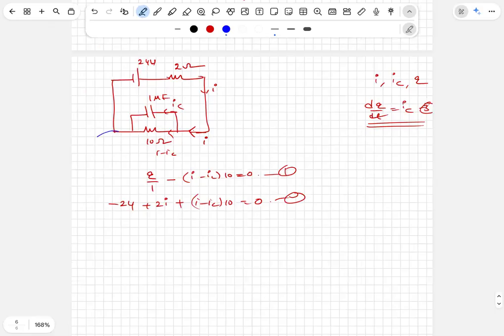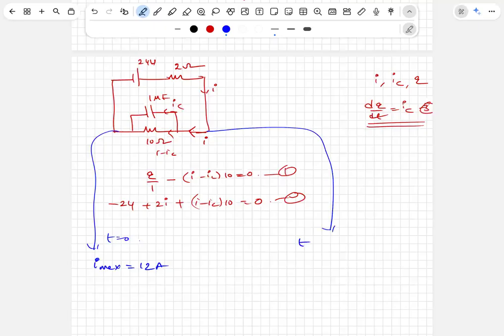Now at t equal to 0, the maximum current through the capacitor is 12 amps. As t tends to infinity, steady state, the drop across the capacitor is 20 volts.